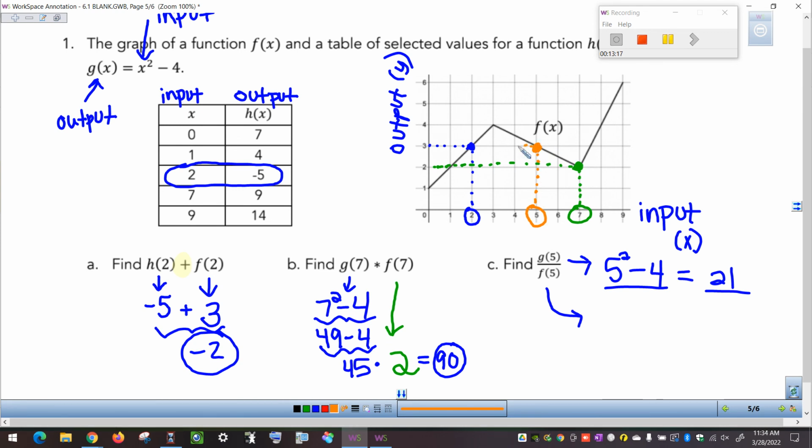Well, it looks like it's going to be in the same place as f of 2. That's okay. So we get the same result there of 3. So when we then actually divide them, 21 divided by 3, we get a final answer of 7.